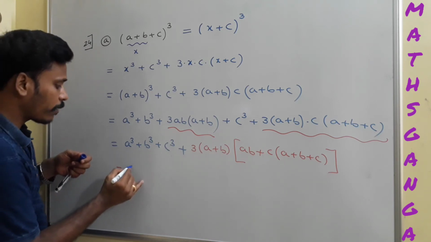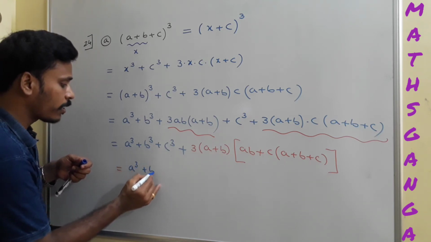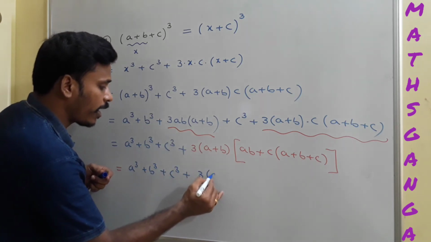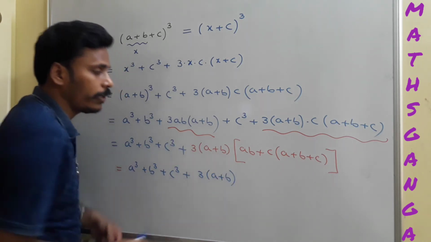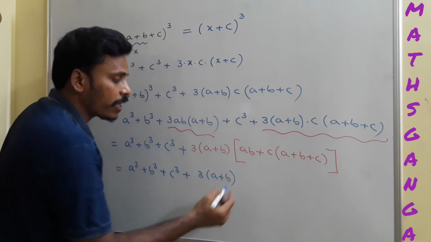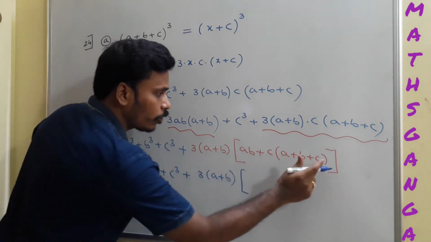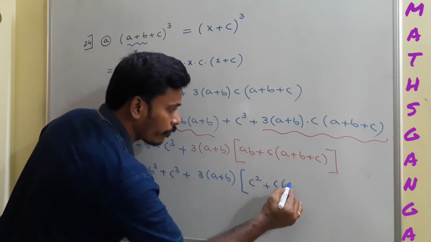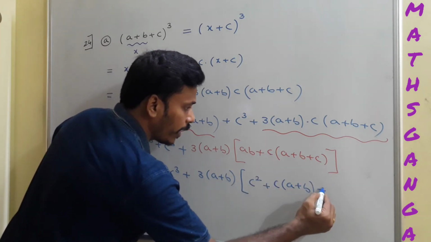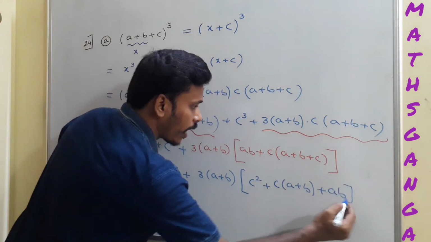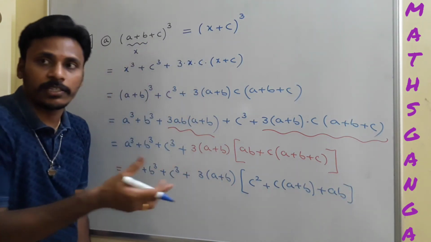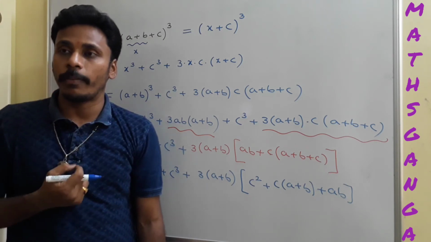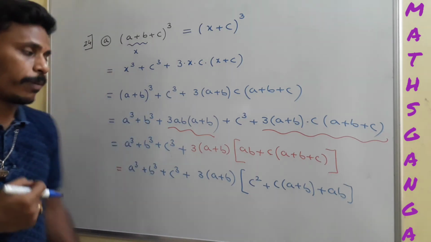Is it okay? And now this is equals to, how can we rewrite? The first terms are a cube plus b cube plus c cube plus 3 times of a plus b, and these terms I can rewrite as c square plus c times of a plus b plus ab, and these three terms I can factorize, okay? In the last class I mentioned the product of a plus b into a plus c, a plus b into b plus c, like that.